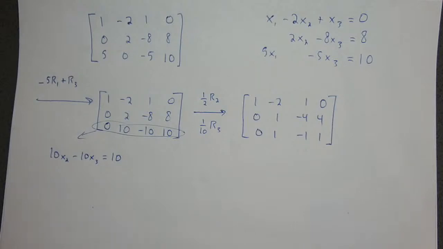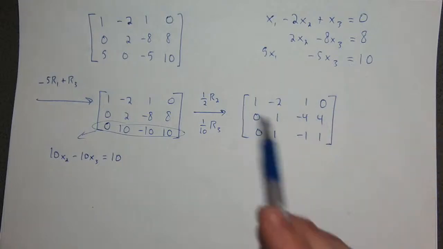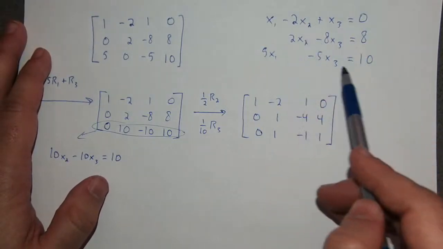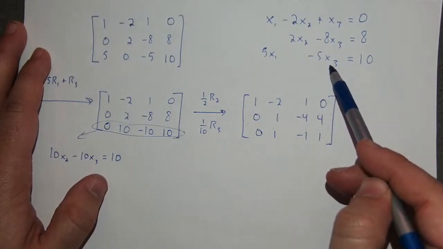Now, continuing on, what is my next step in the process? I'll explain this in a little bit. I said at the beginning, my goal was to turn this third equation into an equation that only involved x sub 3.